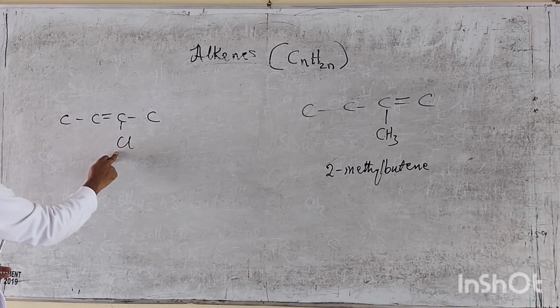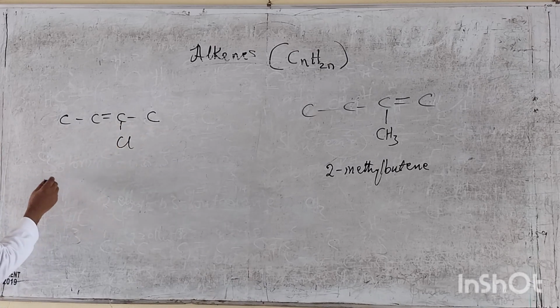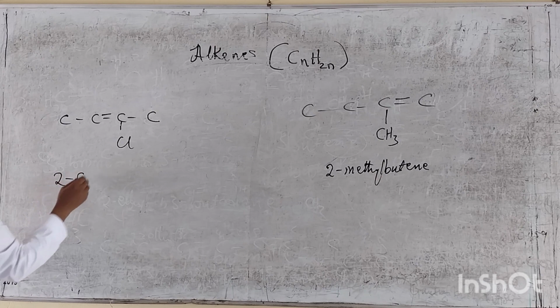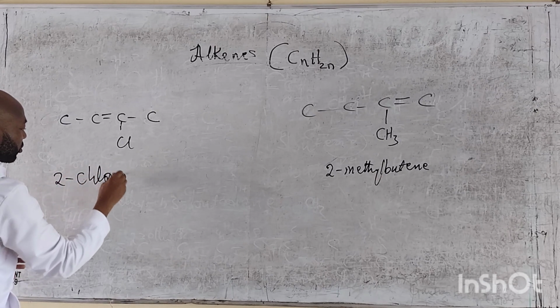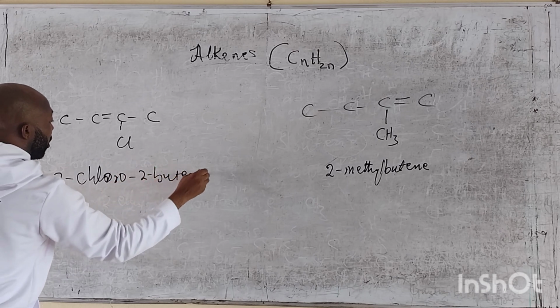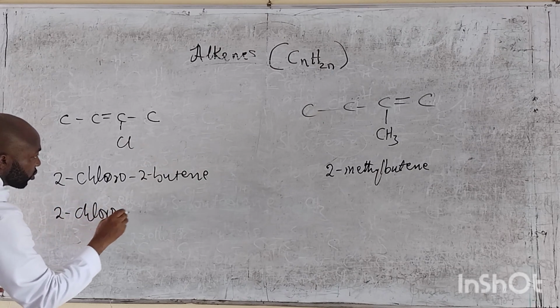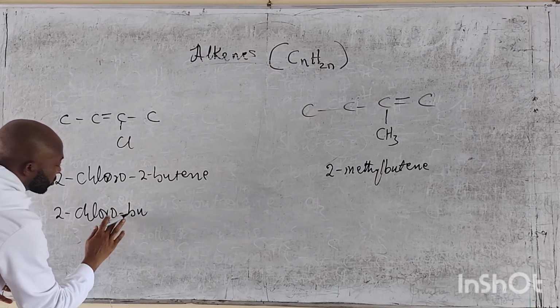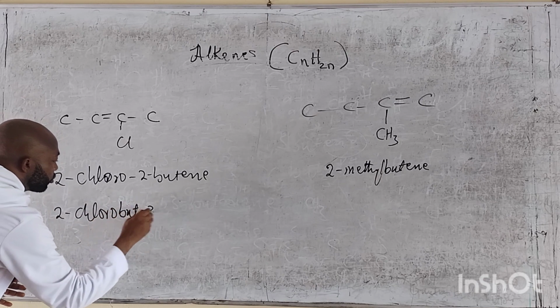This is 2 chloro. 2 chloro what? 2 chloro 2 butene, or 2 chloro, 2 ene.